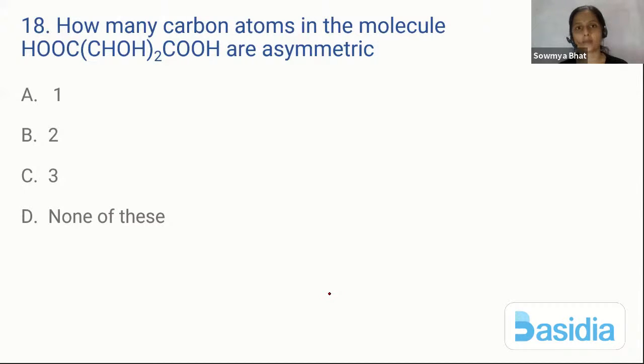How many carbon atoms in the molecule given are asymmetric? Let's write the structure first. It's quite an easy one. So this is the first carbon, this is the second carbon, this is the third carbon, and the fourth. So OH and H, here also OH and H. I'm randomly putting them, because this carbon is attached to one H and to OH.